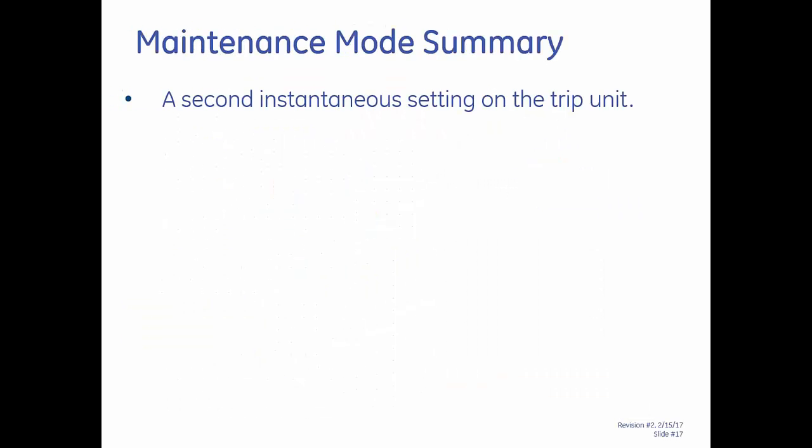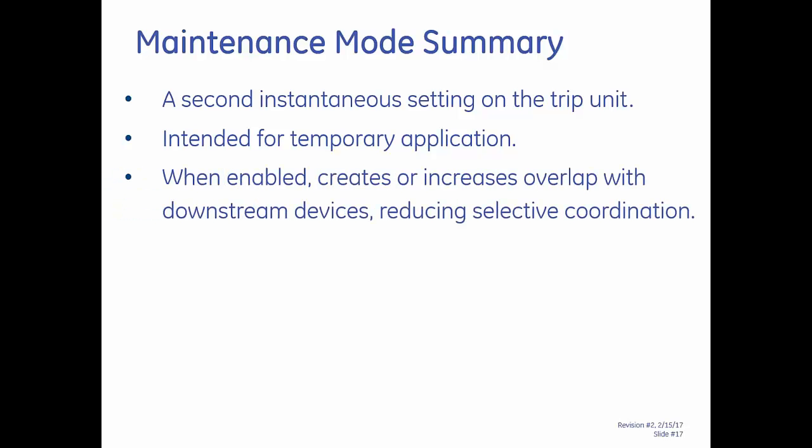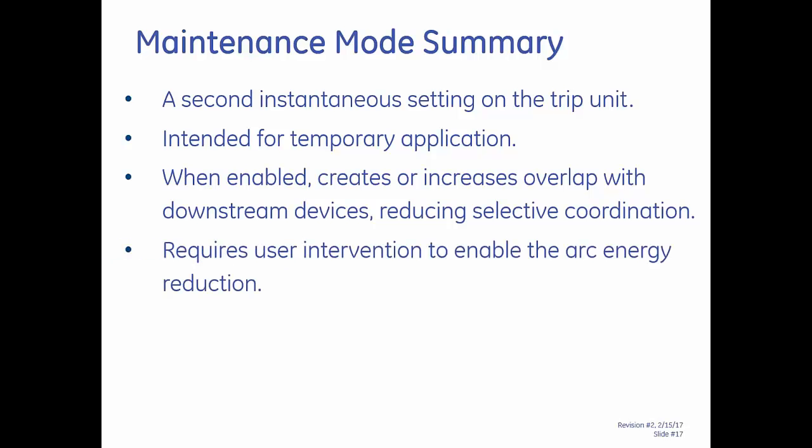Okay, so as a quick summary for the maintenance mode, the key points are: fundamentally it's a second instantaneous setting available on the trip unit. It is intended for temporary application because, again, as you lower the maintenance setting, you create more overlap with other devices. When it's enabled, it's going to create that additional overlap, as I mentioned, reducing selective coordination.